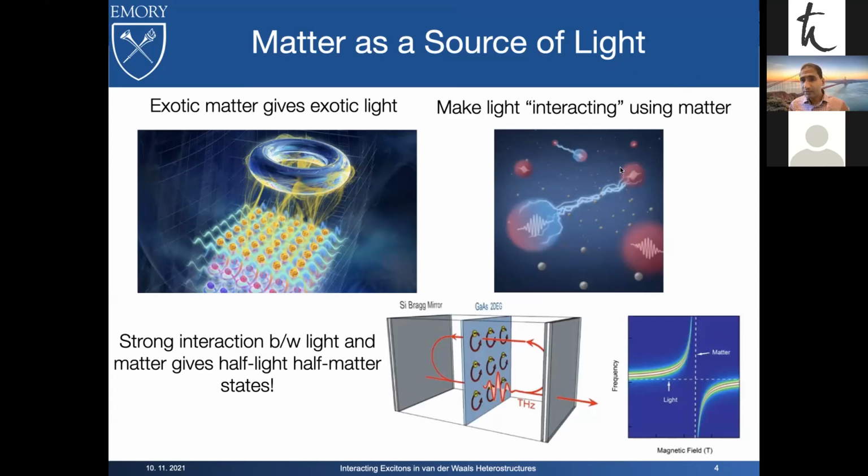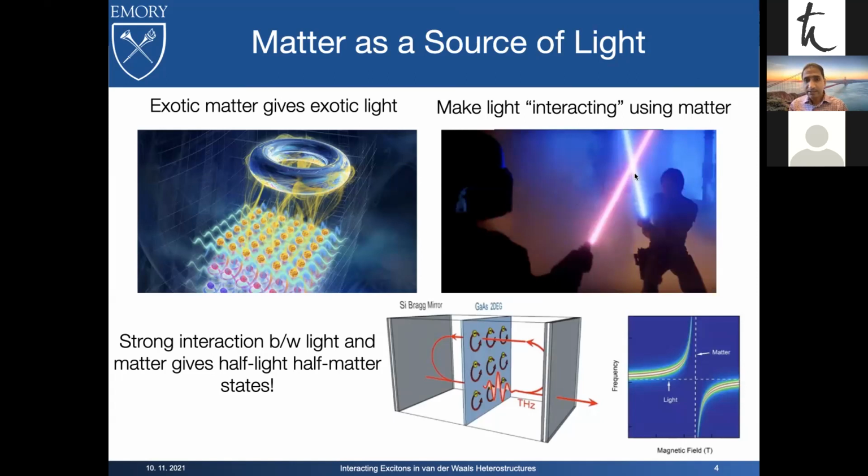We can take this further and make the interaction between light and matter so strong that you can no longer talk about light or matter. Things are hybridized into half-light, half-matter states, which we call polaritons. That's another theme in our lab.